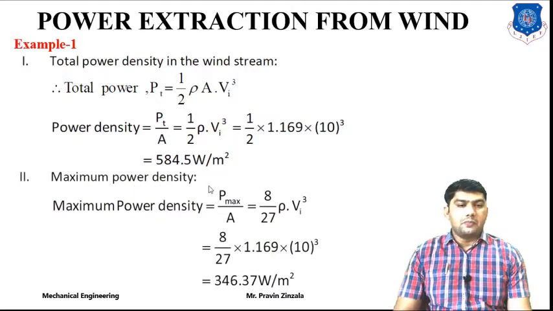Second is maximum power density, means maximum power per unit area. And this is the equation of maximum power per unit area, means 8 by 27 rho V cube, where V is equal to velocity of wind. By inserting the value, we will get 346.37 watt per meter square. So this will be the maximum power density.